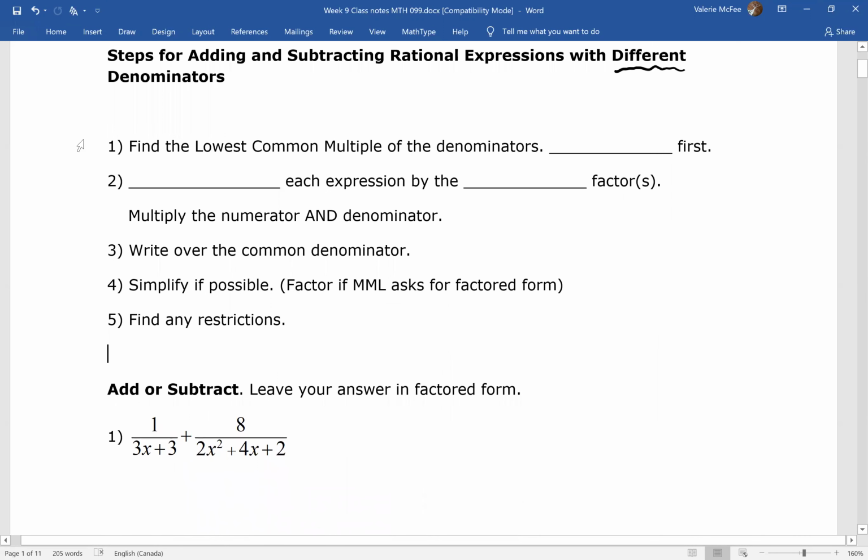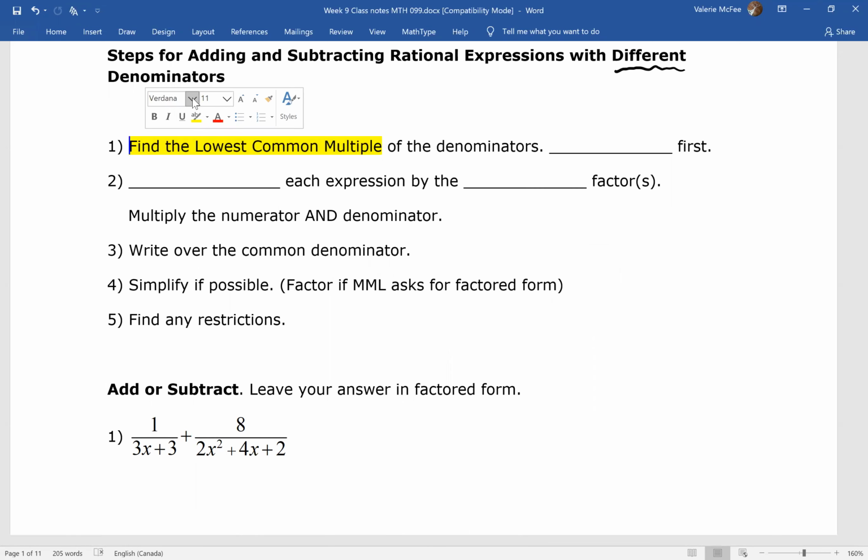So we have some steps here for adding and subtracting with different denominators. The first thing you want to do is find the lowest common multiple of the denominators. That means you're going to need to factor the denominators first. We're going to then multiply each expression by the missing factors.